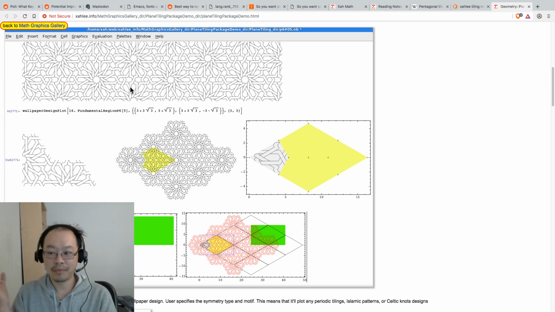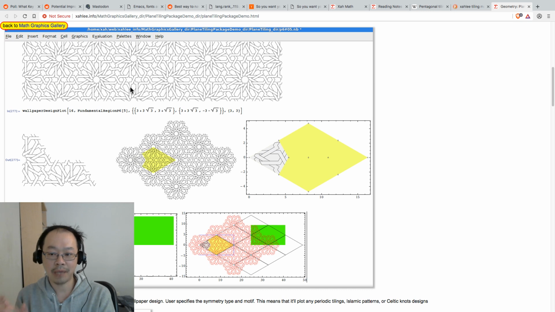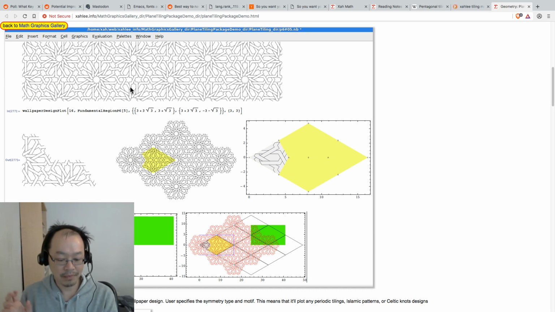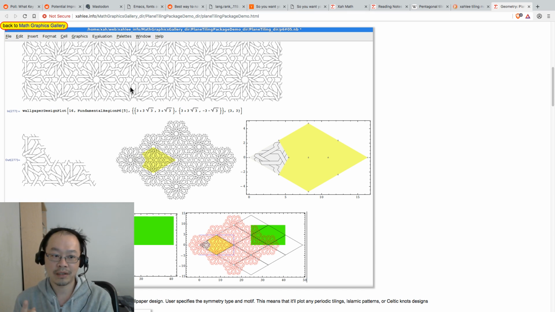Before, we talked about tilings, which is one of the many problems in mathematics. What you see here is an example about patterns. They call it patterns, but it relates to symmetry. It relates to group theory. It relates to braid theory or knot theory.